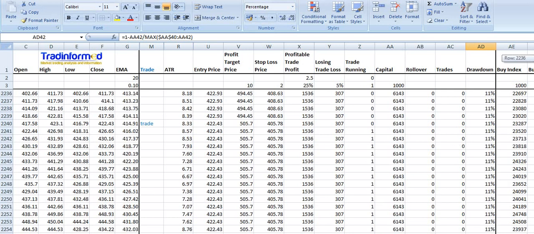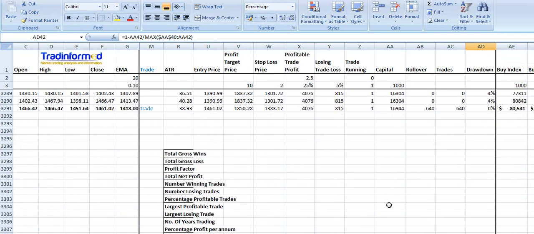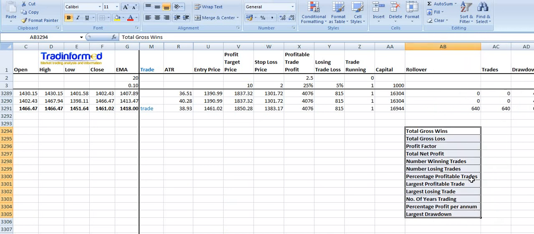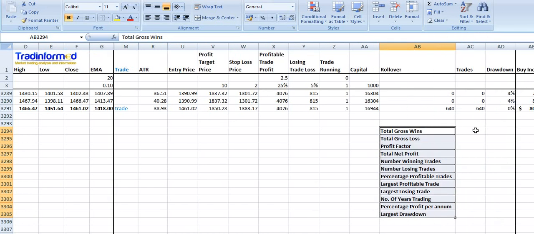Scroll down to the beginning again, and I've got the metrics here that I'm going to use. I'll stick them in here. Total gross wins to start with.